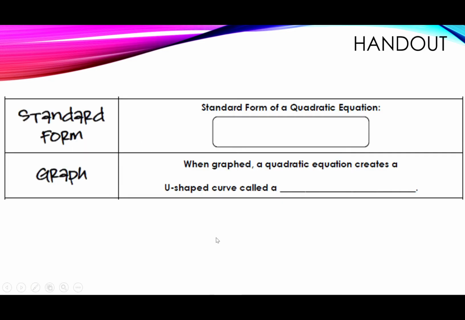Alright, and so we're talking about quadratic equations. And you remember all the trinomials we did? Well, if we do y equals ax squared plus bx plus c, so if we put those trinomials in front of a y equals and graph them, we're going to see a U-shaped curved graph called a parabola.